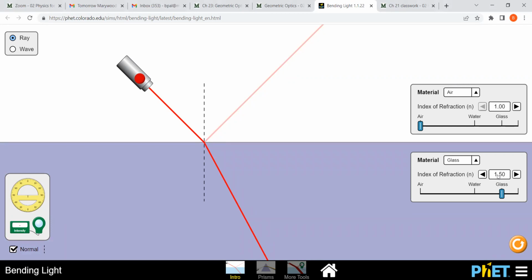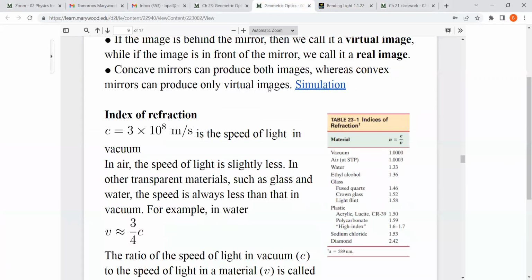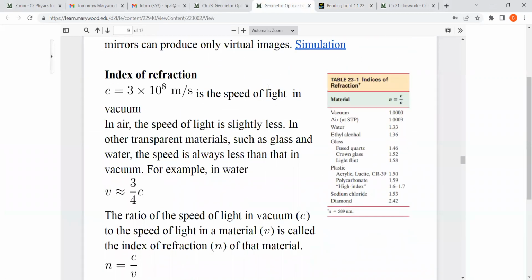So let's learn about that, and then learn more about refraction. Let me go to the study guide.